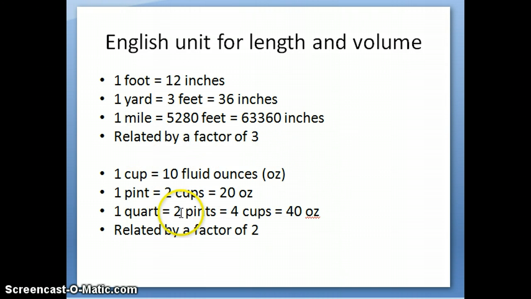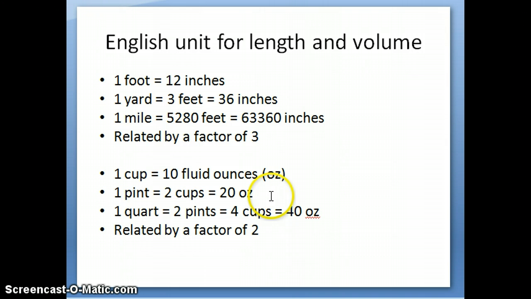However, when you go to look at volume measurements, you find that a cup is 10 fluid ounces, a pint is 2 cups or 20 fluid ounces, and so on. And it turns out that volume units are related by a factor of 2 in the English units. So this makes life very complicated because in one case, for one property, length, all the units are related by factors of 3.